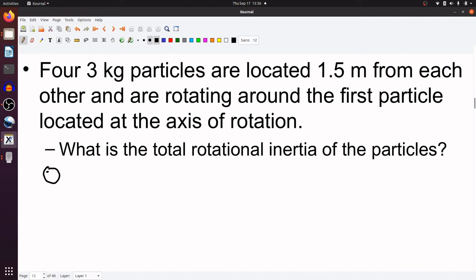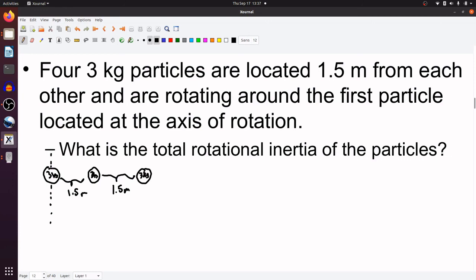So there's a 3-kilogram particle at the axis of rotation. There's another one located 1.5 meters away, and another one located 1.5 meters away.